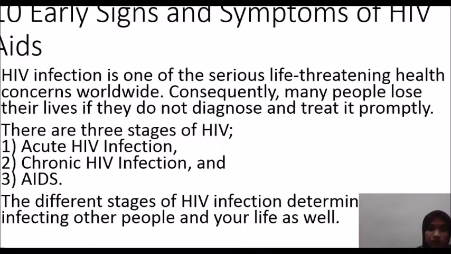Last is AIDS. It occurs when the CD4 cell count is below 200 cells per microliter and the person is vulnerable to opportunistic infection. The different stages of HIV infection determine the risk of infecting other people and ourselves if we have HIV positive blood.